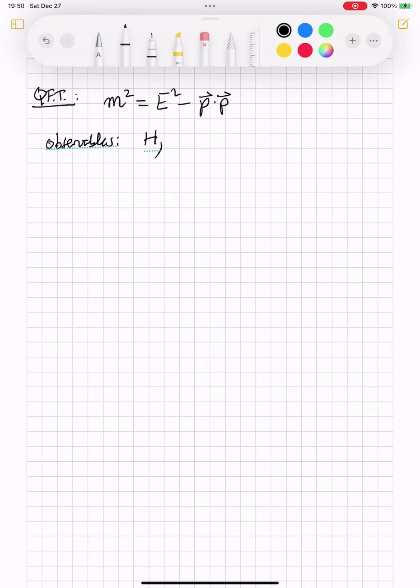You would maybe also have momenta and so on. Then you would calculate S matrix elements. So we would have an S matrix, and we could look at S matrix elements for particles that have some definite energy and momentum.